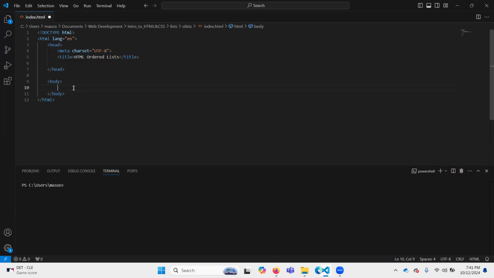The syntax is OL, then slash OL. It stands for ordered list. Remember that in the unordered list we had UL, but here we have OL.